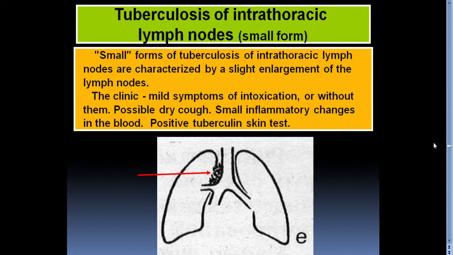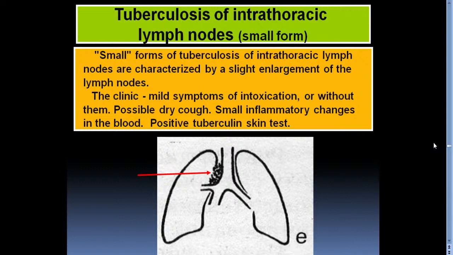Next form of tuberculosis of intrathoracic lymph nodes, named small form. This form is characterized by a slight enlargement of the lymph nodes. And the clinic, mild symptoms of intoxication or without them.